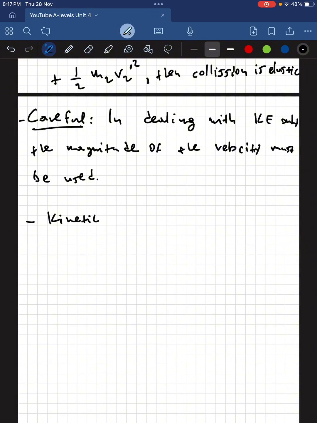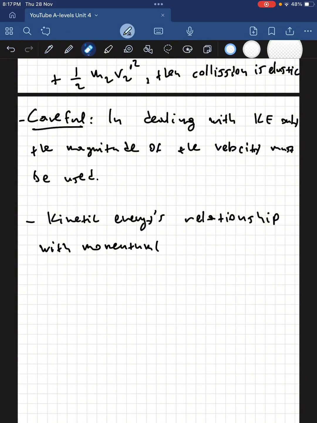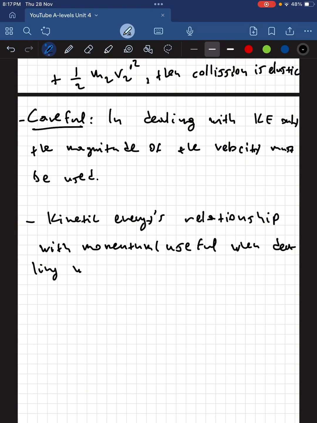So kinetic energy's relationship with momentum. And I'm gonna put it in parentheses here that it's useful when dealing with particles.